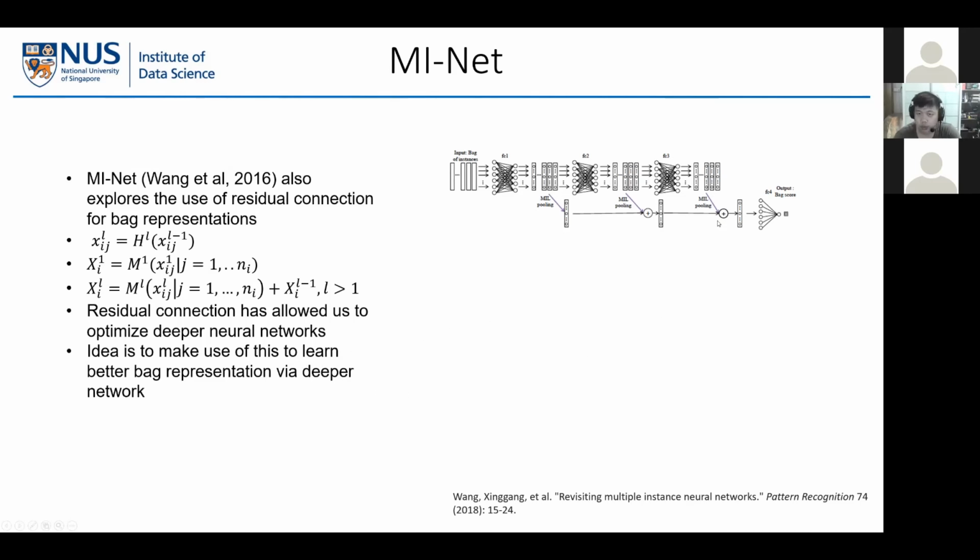And this has also been adapted to the multiple instance learning framework, in which for each instance, after you pass it through a linear layer, you can apply some pooling methods and do a skip connection, in which the output after a pooling layer, you add it with the output of the next layer. This sort of mimics the residual connection that you have in ResNet. And this allows you, of course, to train deeper and deeper multiple instance learning networks. Again, the output of this is not necessarily interpretable, but usually you tend to have better classification performance at the end.